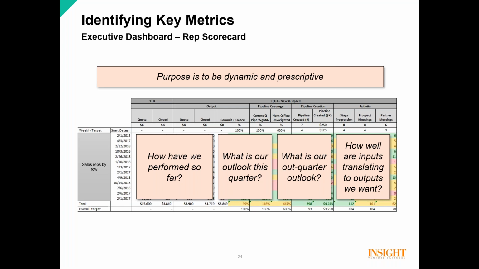A great way to use this would be to look at your reps that have the outcomes consistently that you want, that are hitting quota or going above quota, and use this to measure how they are tracking on activities. So did the activities actually lead to the leading indicators that actually led to the outcomes?